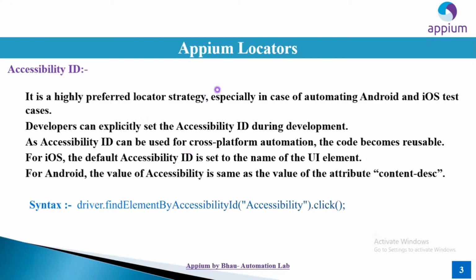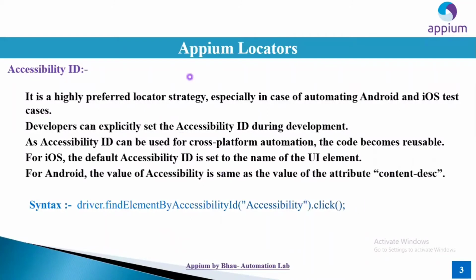We can easily identify the element through it, because it is a unique and separately defined locator for every element in the app. The syntax for accessibility ID is driver.find element by accessibility ID, and you can define the accessibility ID here and perform whatever action you want on that particular element.